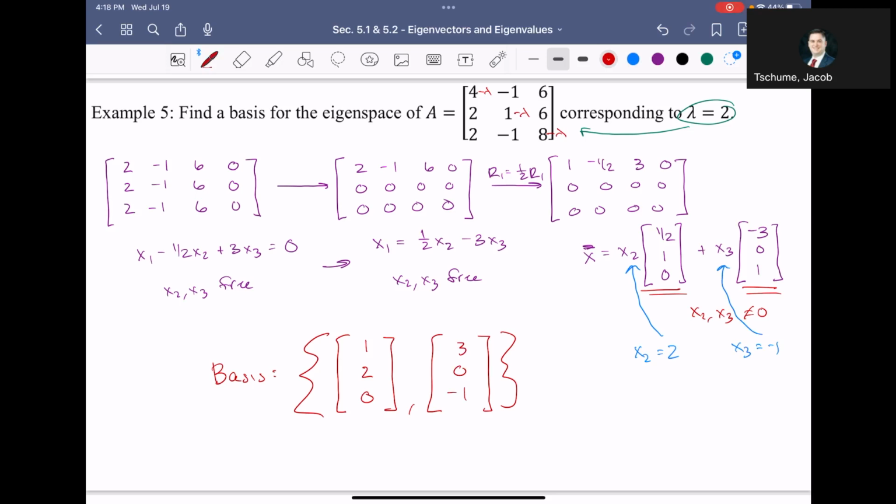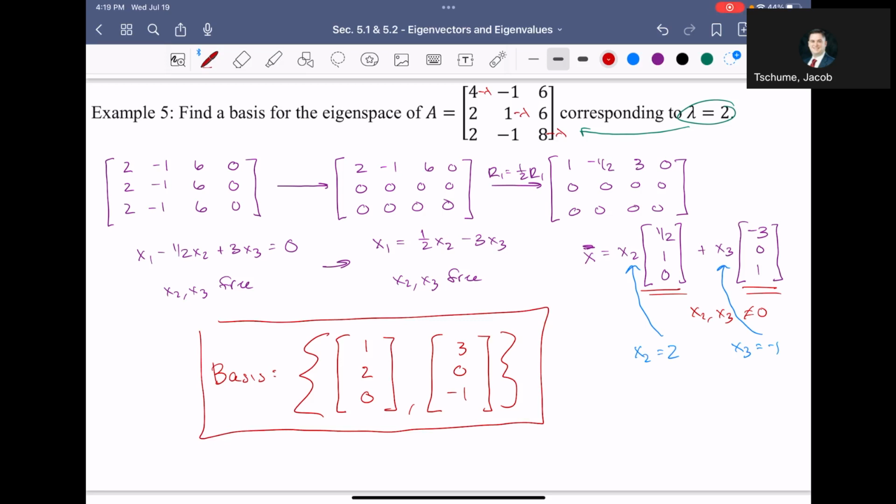Like I said, as long as I did not let x2 and x3 be 0, which we're not allowed to do in this section, I knew that these two vectors were going to be linearly independent of each other. And you can double check that by one of our shortcuts. Those two vectors are not multiples of each other. So this is the basis of your eigenspace.